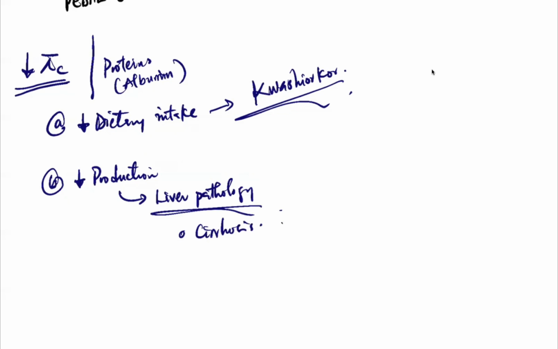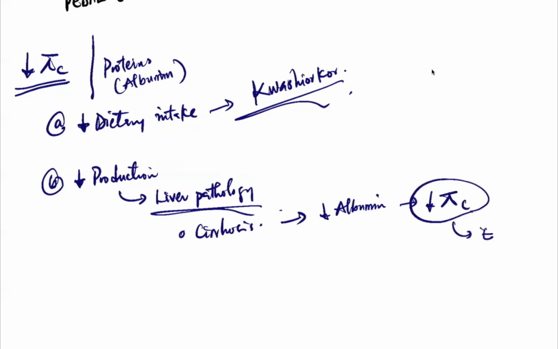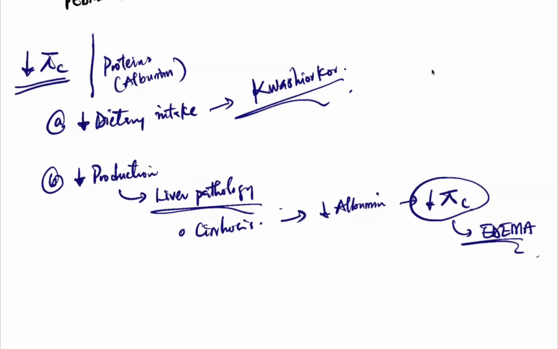If someone has liver cirrhosis, you're going to decrease albumin, and therefore you're going to decrease capillary oncotic pressure, and that will lead to what? Edema. So we also have edema in liver disease, and you want to know what the different mechanisms are, because although it's all edema, the mechanisms are not quite the same. All right, that's liver cirrhosis.